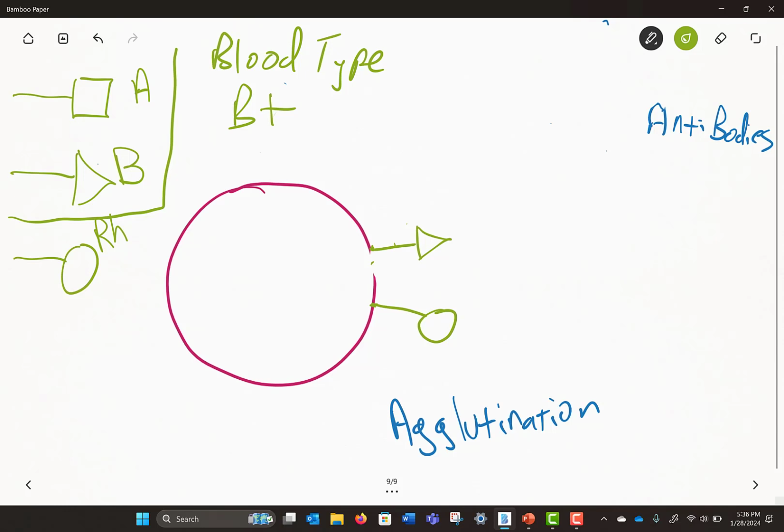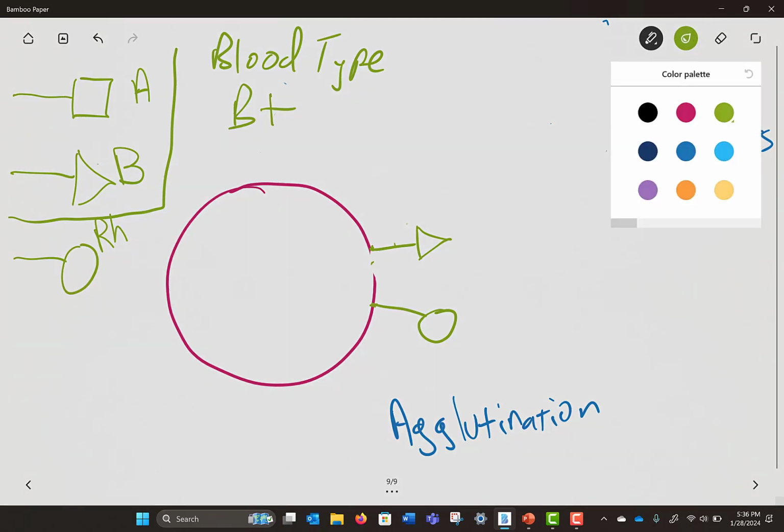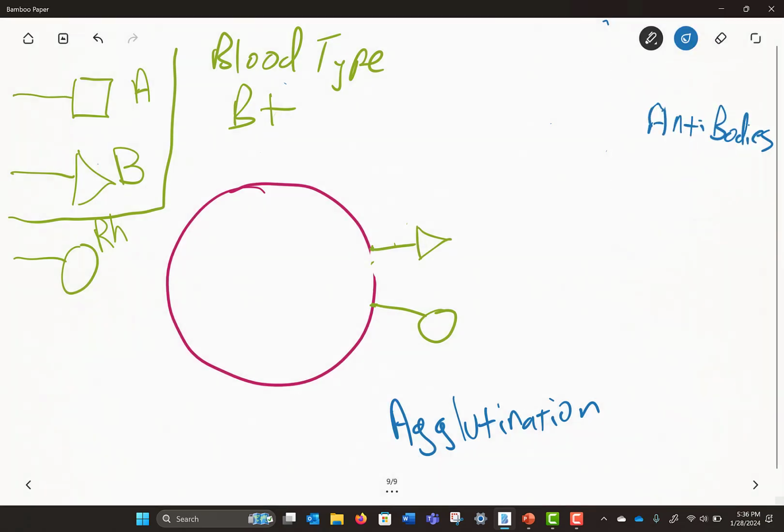Now, using someone with blood type B, what antibodies would they have? Should they ever have A antigen in their body? No. So they will have anti-A antibodies. Should they ever have B antigen in their body?